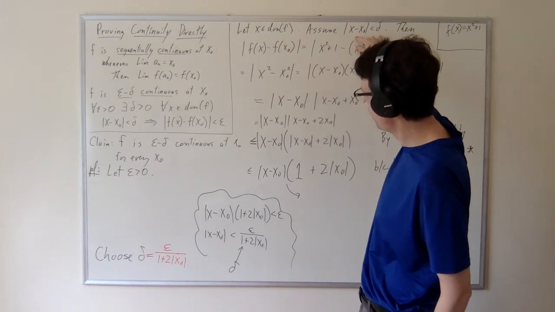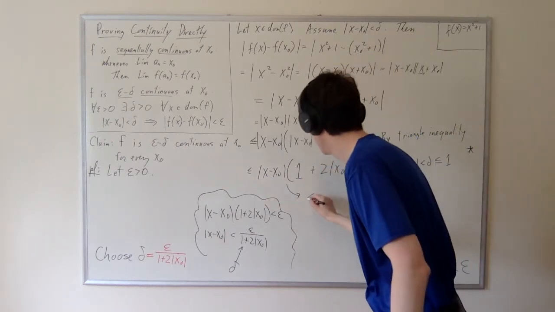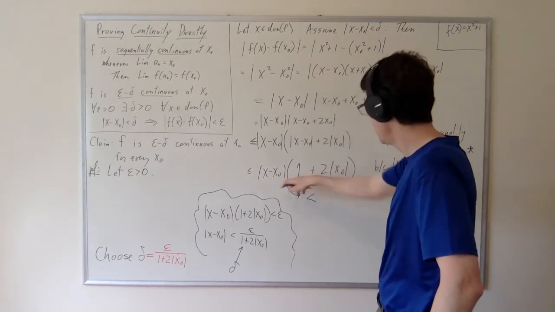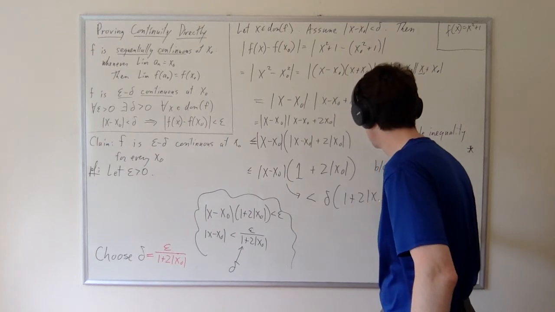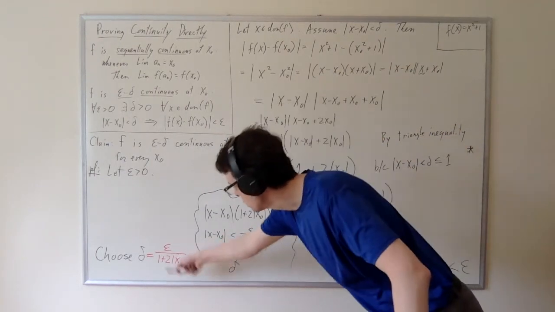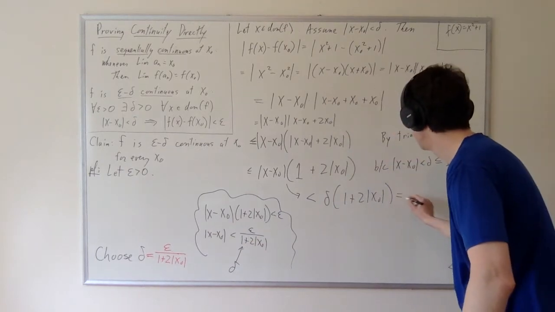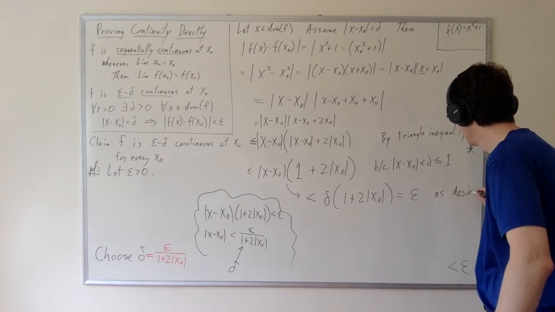But under that assumption, then this thing is less than delta. So this gives us less than delta times 1 plus 2 absolute x naught. And then, of course, delta times 1 plus 2 absolute x naught is just epsilon, as desired.